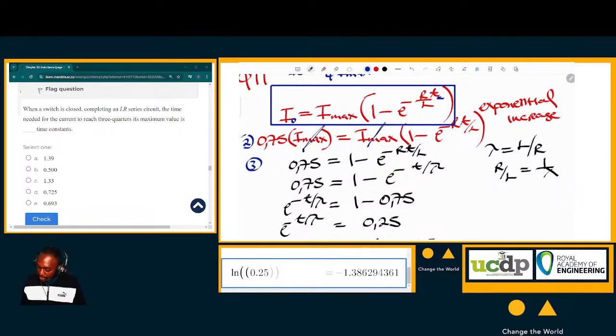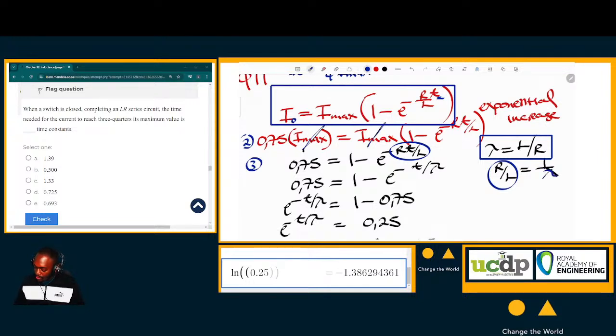Equation 3 is now just simple mathematics. It's now 1 minus 0.75. But before we go there, you see from this expression that we have not factored out the time constant, and the time constant is equal to inductance over the resistance, which means that resistance over inductance is equal to the inverse, which is 1 over the time constant.